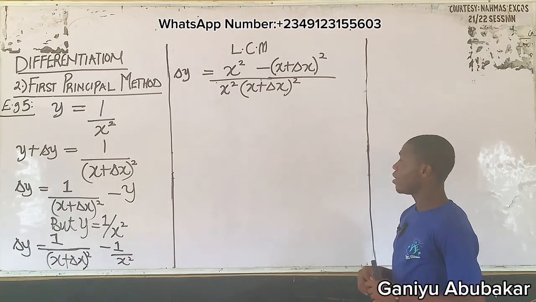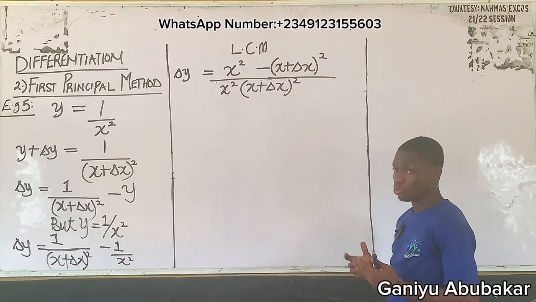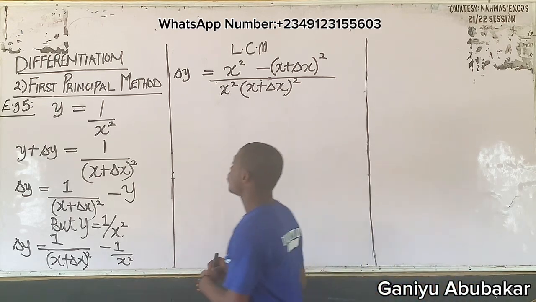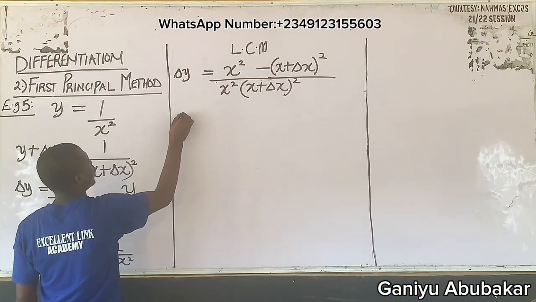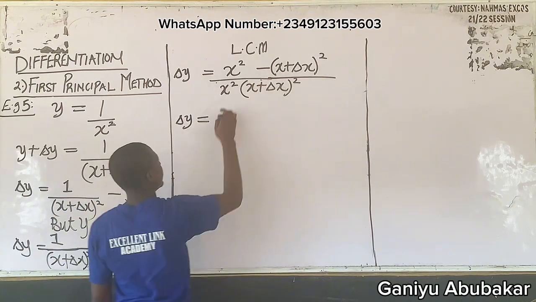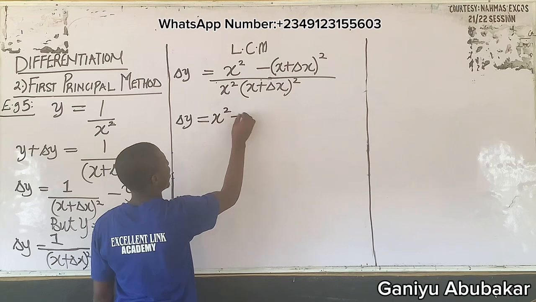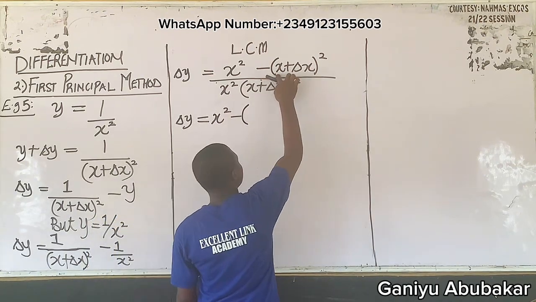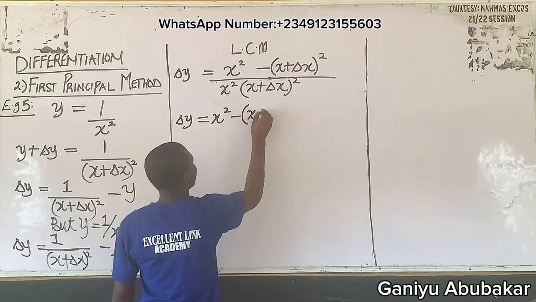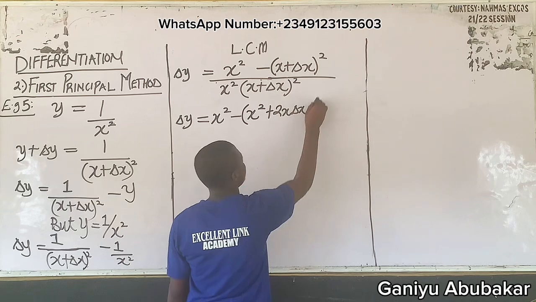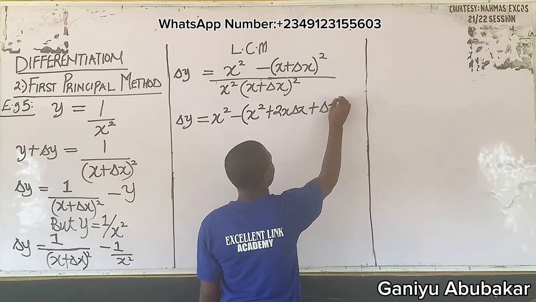All right, from here, what's the next procedure to do? My next task is quite easy. Change in y is equal to, I'll try to expand this. This becomes x squared minus, open a bracket, and if I expand x plus change in x squared, I shall have x squared plus 2x change in x plus change in x squared.